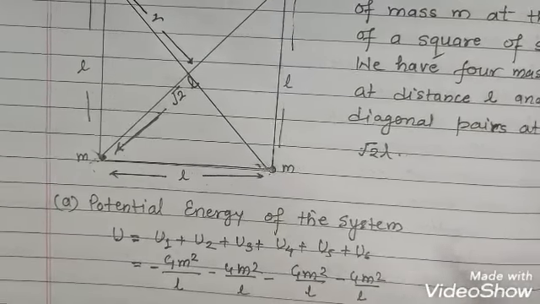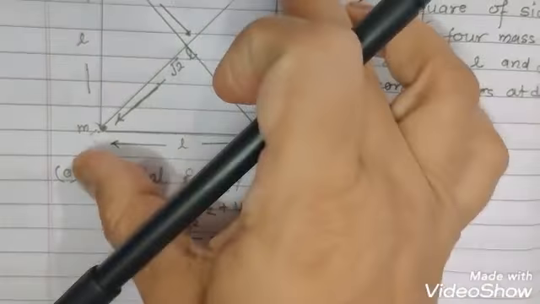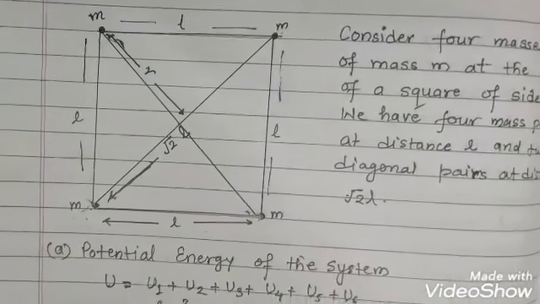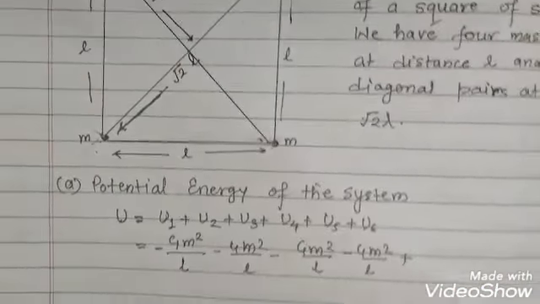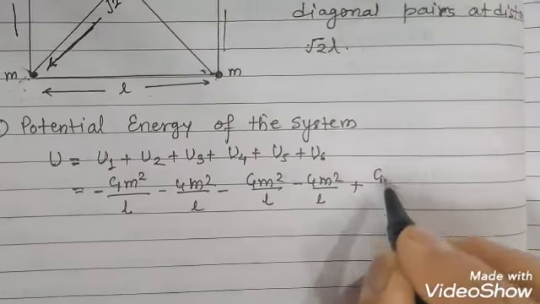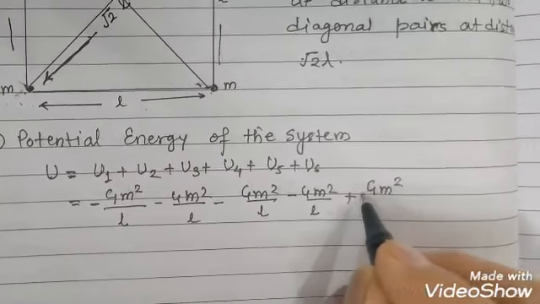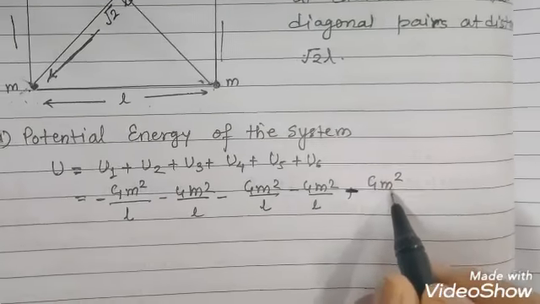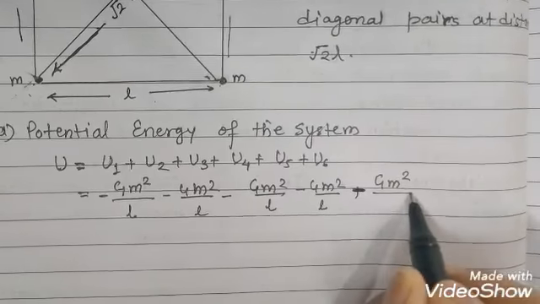Now for the next 2, the pairs which are in the diagonal. For U5, you will find this is minus G m square upon, what?